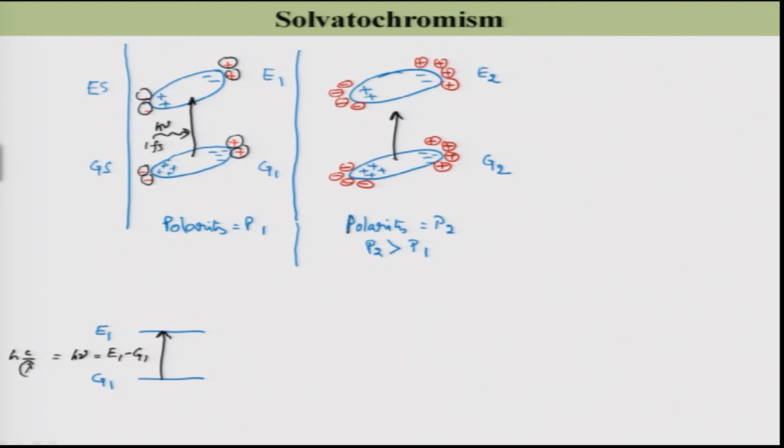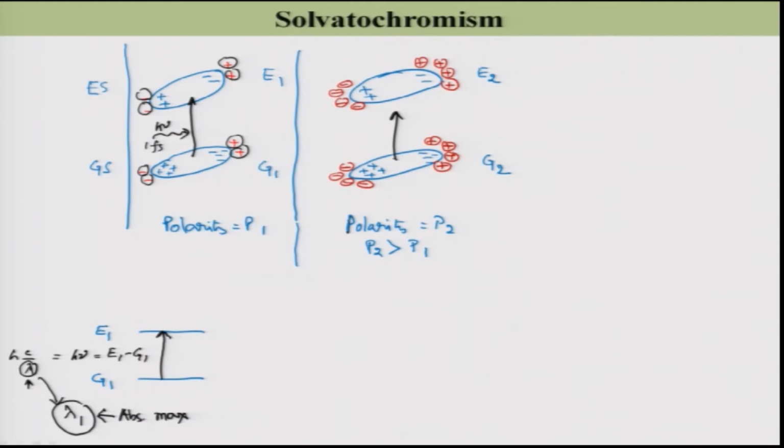So, you will get this as an absorption maximum for this polarity P1. Let us name this lambda as lambda 1. So, this is your absorption maximum in this polarity P1 solvent.